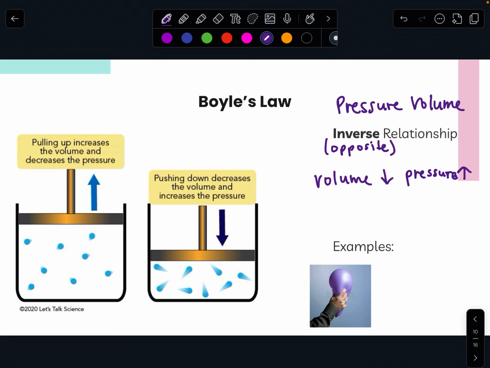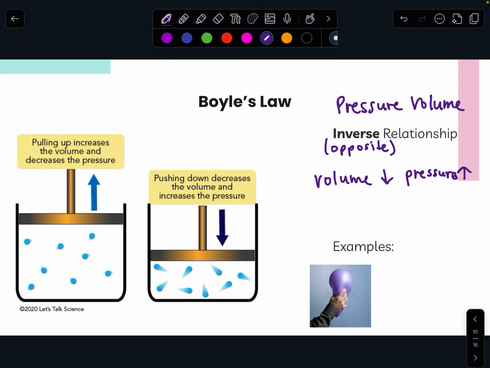So if I forced all of these particles into a really small space, that means they don't have very much room to move around, right? They're constantly going to be colliding with the edges of the container because I've made my container so small. It would be just like if I put an entire class of students into the elevator. There's nowhere for you to go without bumping into the edges of the room, right?